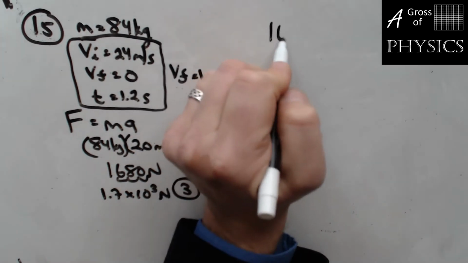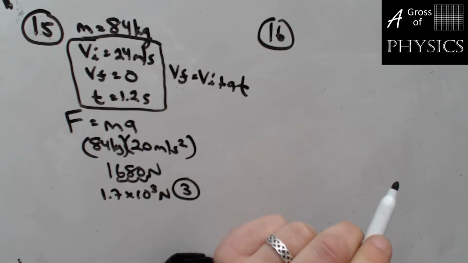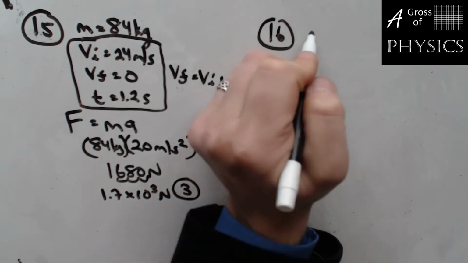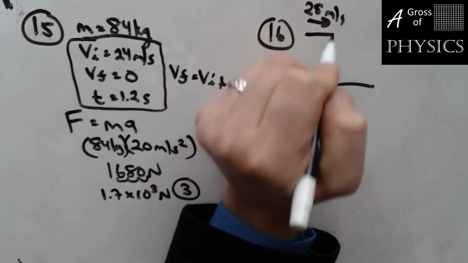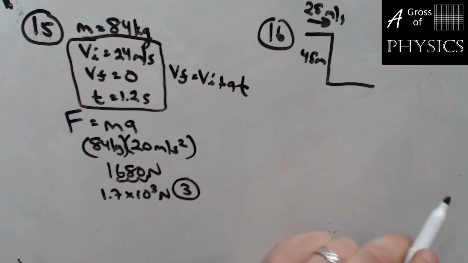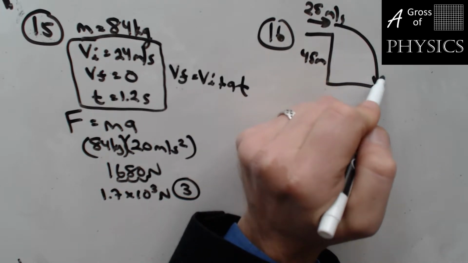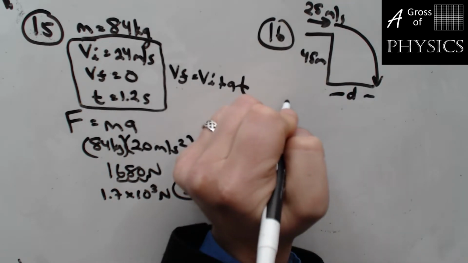All right, 16. The diagram shows a person throwing a ball off of a cliff. We have 25 meters per second. The height is 45. How far from the cliff will the ball hit? All right. So we want to find D. Now, first we need to find how long it takes.